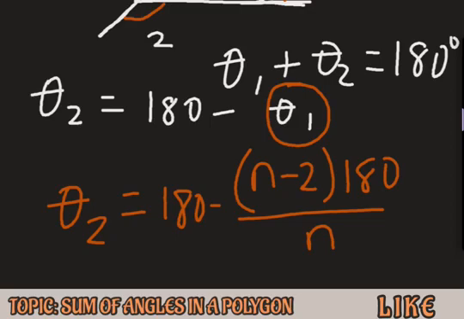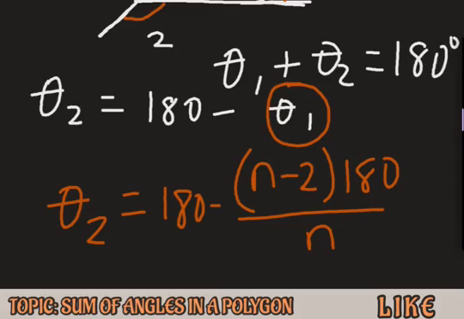Now, remember, we are not looking for just one of the exterior angles. We are talking about the sum, meaning all of them combined together. And I say that the total number of exterior angles is also equal to the total number of interior angles, which is also equal to the total number of sides of the polygon.